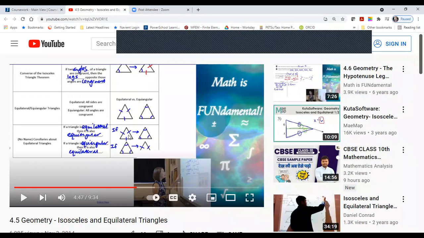If all of the sides are congruent, then all of the opposite angles are the same, right? And if the triangle is equiangular, then it is also equilateral. So all of these angles are congruent, so the sides are also congruent.